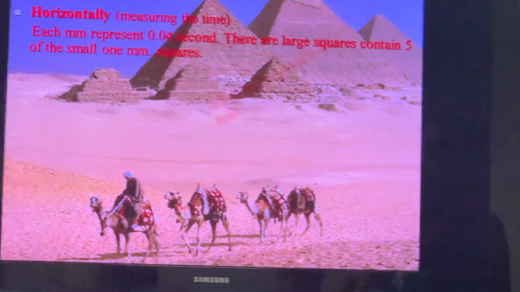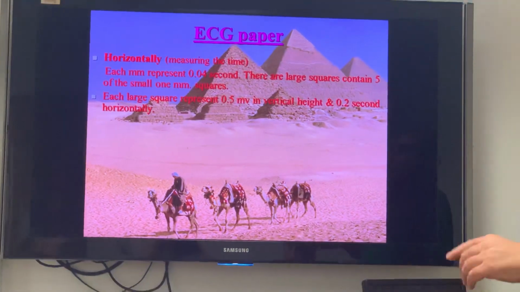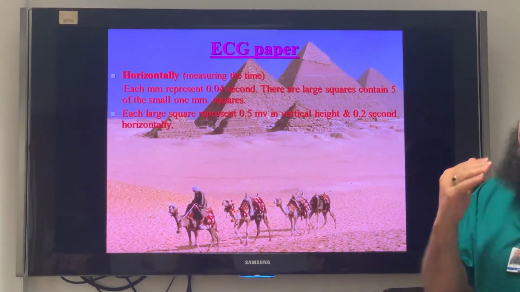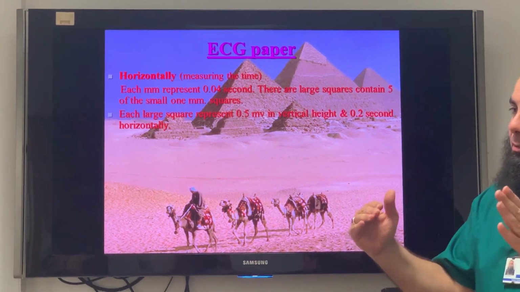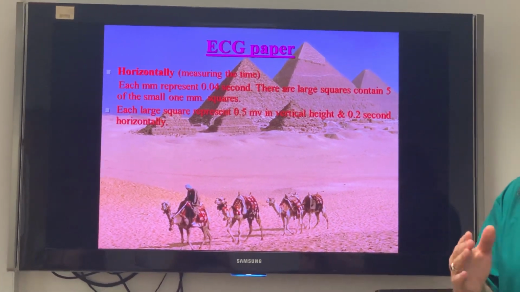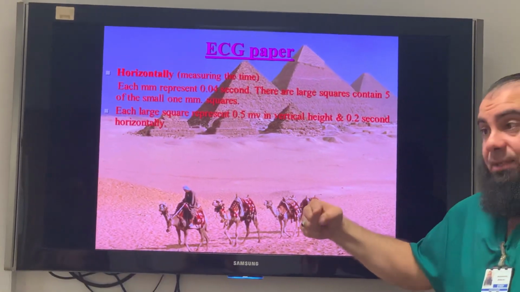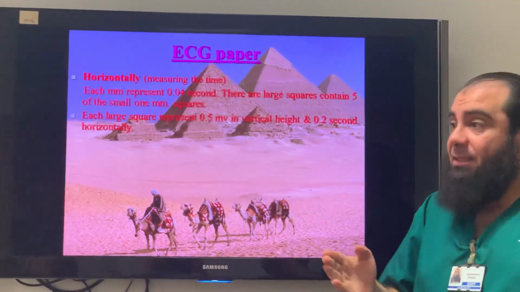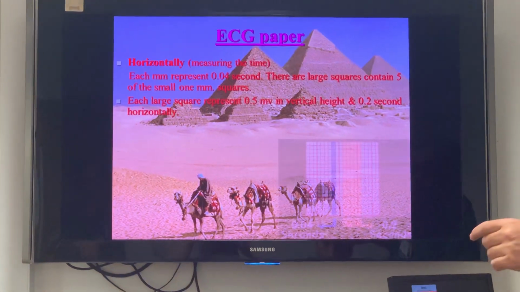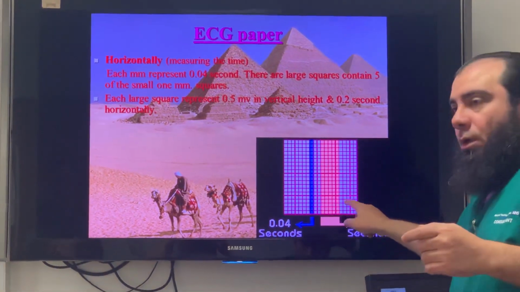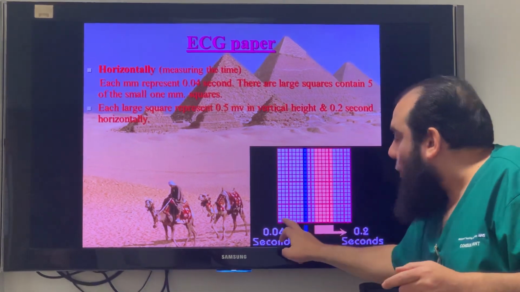Horizontal. Measuring what? The ECG is stated as a speed of 25 millimeter per second. It means the paper is going through the machine at that speed, recording the waves. With that speed, 25 millimeter per second, the big square, which contains 5 small ones, gives 0.2.